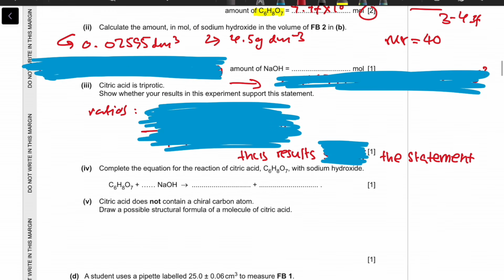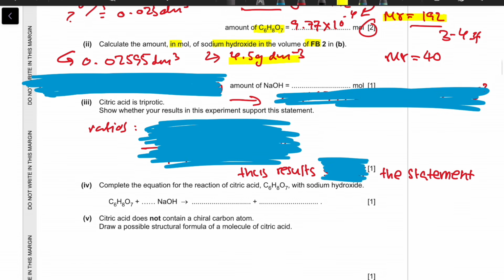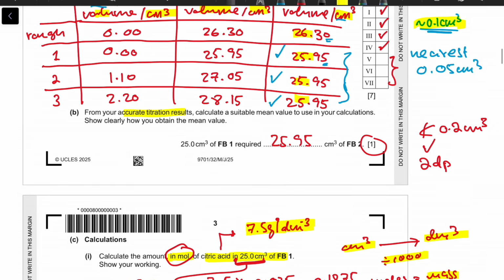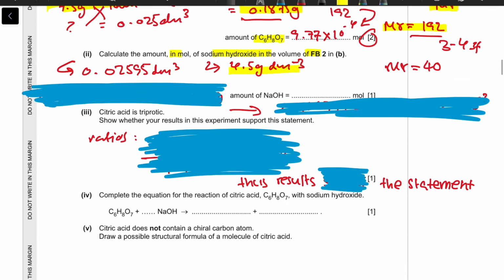Then it says calculate the amount in moles of sodium hydroxide in the volume. So our sodium hydroxide had a concentration of 4.5 grams per decimeters cubed. And remember, sodium hydroxide was what we had in our burette. We had an average titer of 25.95 centimeters cubed, the equivalent of 0.02595 decimeters cubed.